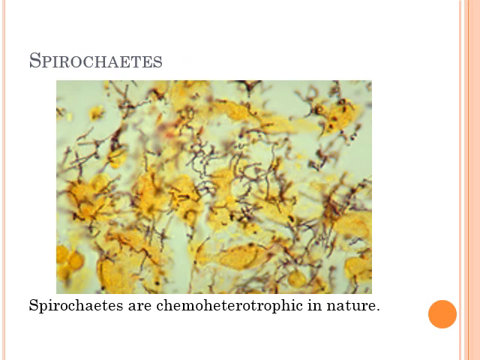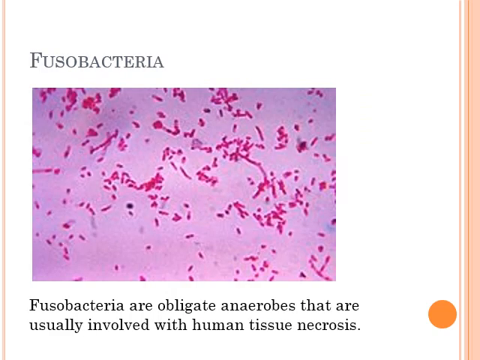Spirochetes, they're chemoheterotrophic. What is a chemoheterotroph? Where do they get their energy? Do they get it from the sun? No, not the sun. They're chemoheterotrophic, which means they're going to need to take in external chemicals, organic chemicals. Fusobacteria are obligate. What does it mean to be obligate?